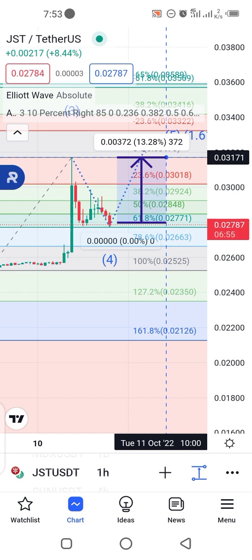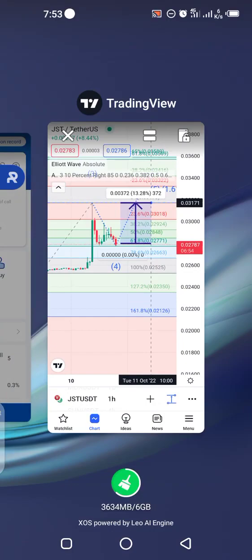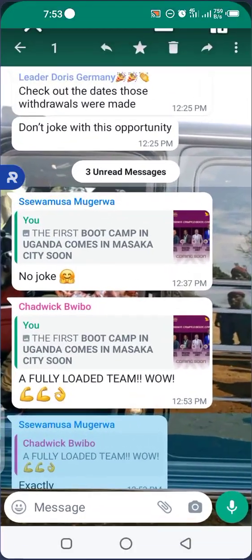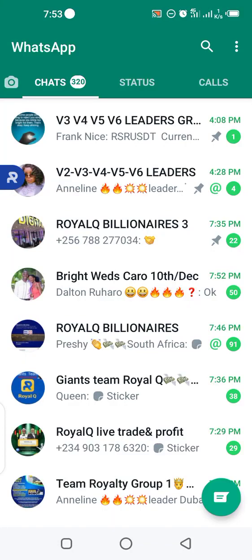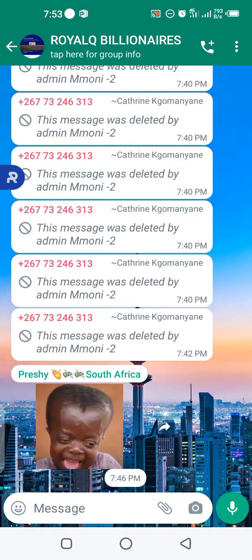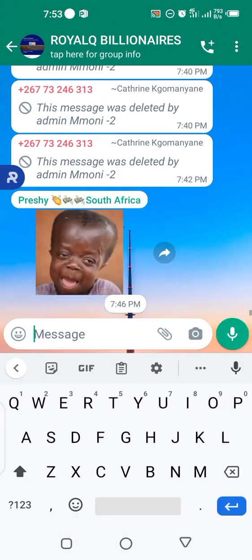So this is how we develop the signals, and I can now basically come to the group. I've not been online for the full day, but I can now come to the group here, and I basically drop in my signal.